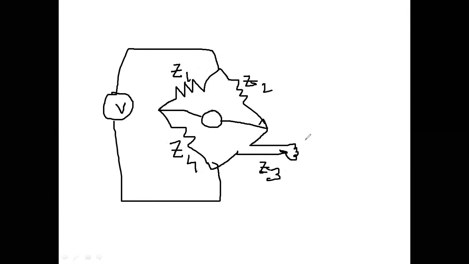Now the heater is heated. Z3 is the impedance of this heater when it is heated. When it is equal to Z2, equal to Z1, equal to Z4, then the bridge is balanced, and I don't get any current in the meter.